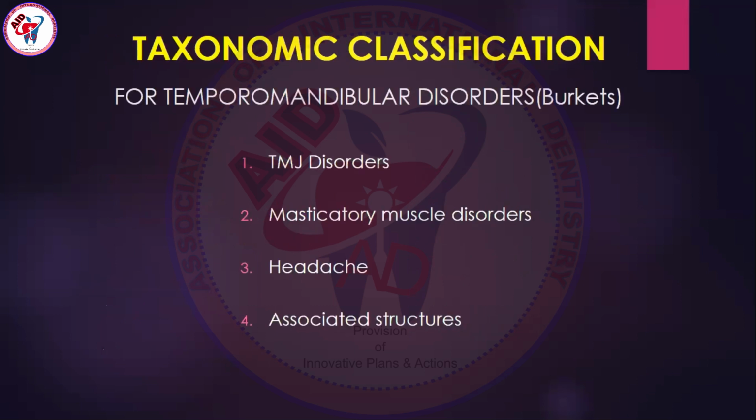Then there is the taxonomic classification. He has made it simple, but it does not cover many things. It has just gone for TMJ disorders, masticatory muscle disorders, headaches, and associated structures. But he has not included the degenerative diseases, growth disorders, tumors, or ankylosis. That is a limitation of the taxonomic classification.